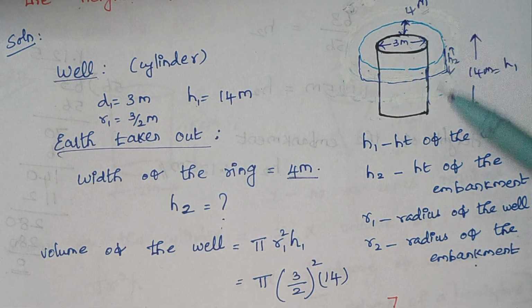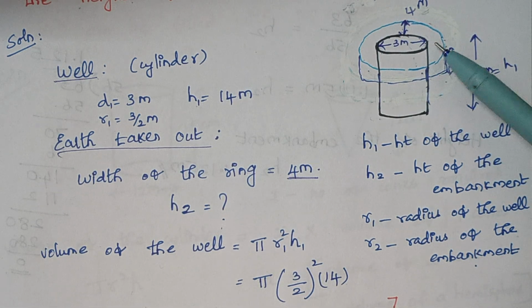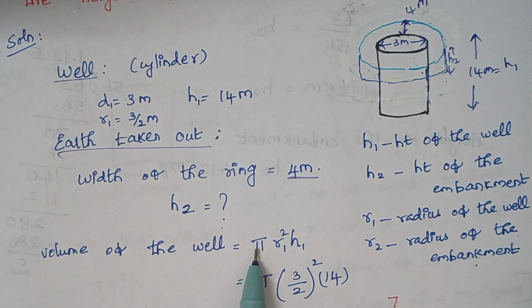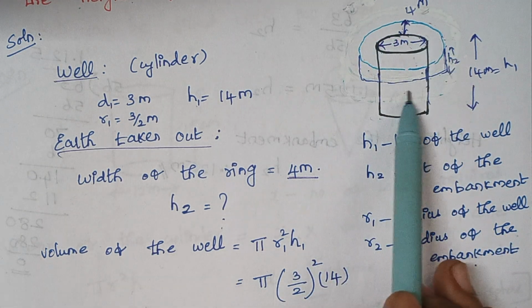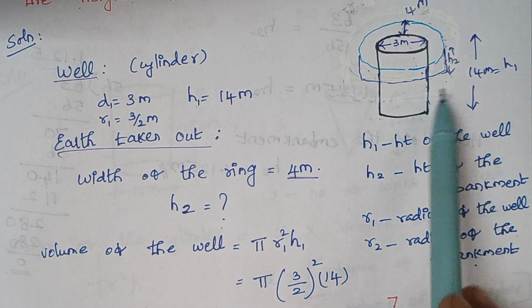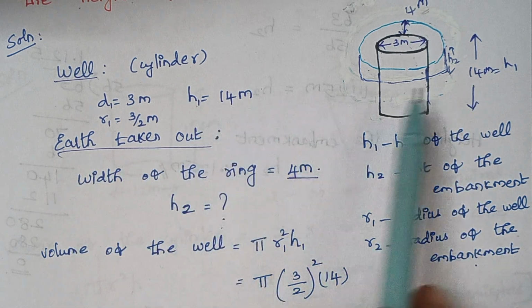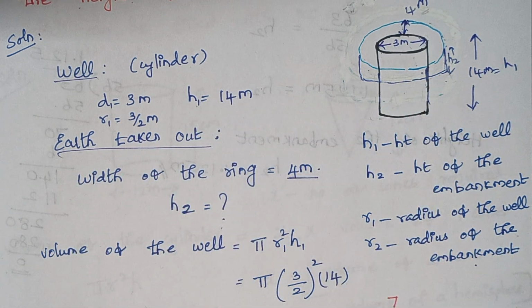So obviously the volume of the well is the volume of the cylinder, given by the formula pi r square h. Here we have two cylinders, because the well is one cylinder and the embankment is also a cylinder. I am writing R1 H1 as parameters of the well and R2 H2 as parameters of the embankment.